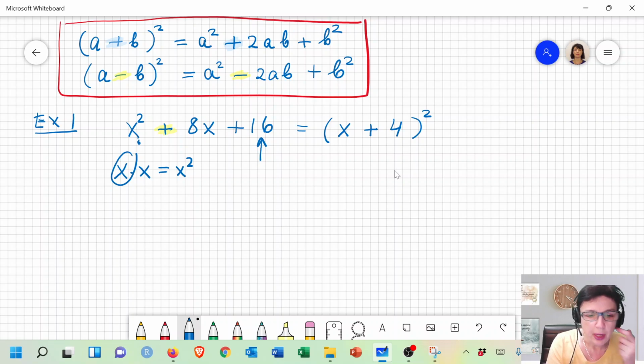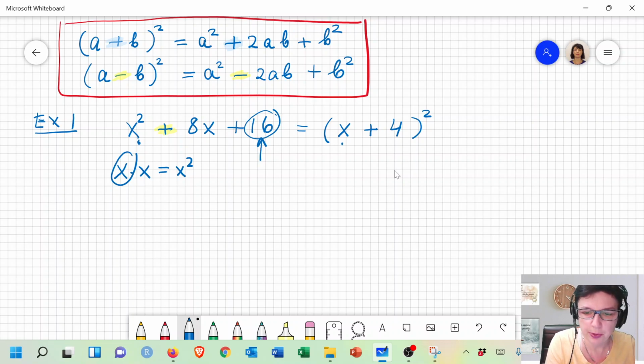But another thing that you have to be aware of, and technically you don't really need to check, but generally speaking, not every trinomial that ends with a perfect square number will factor that way. Another thing has to happen, which is like a check.